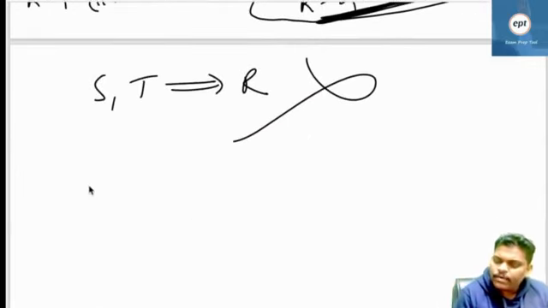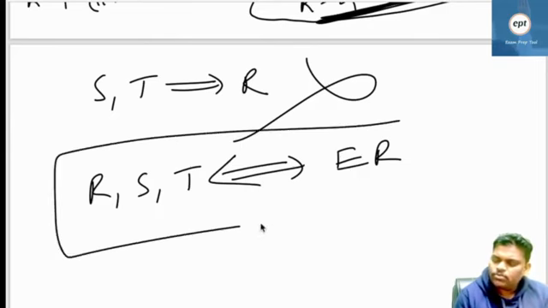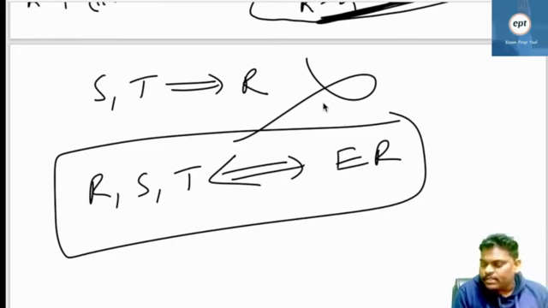So see this one, see everyone now. Reflexive, symmetric, transitive, then equivalence relation. Equivalence relation, these three. This is true. Equivalence relation means these three should be there.